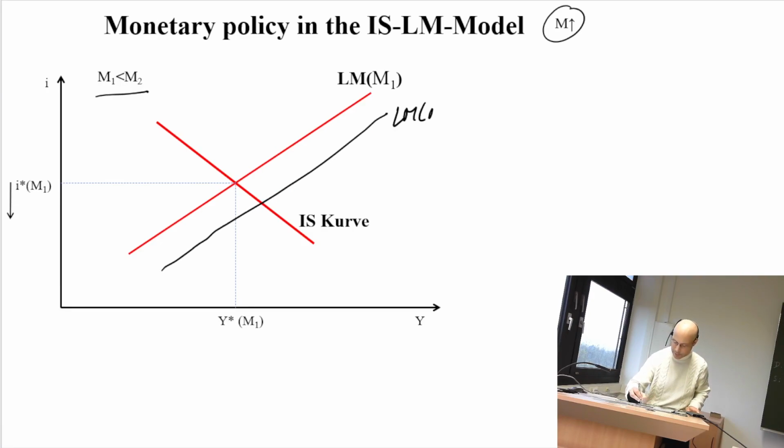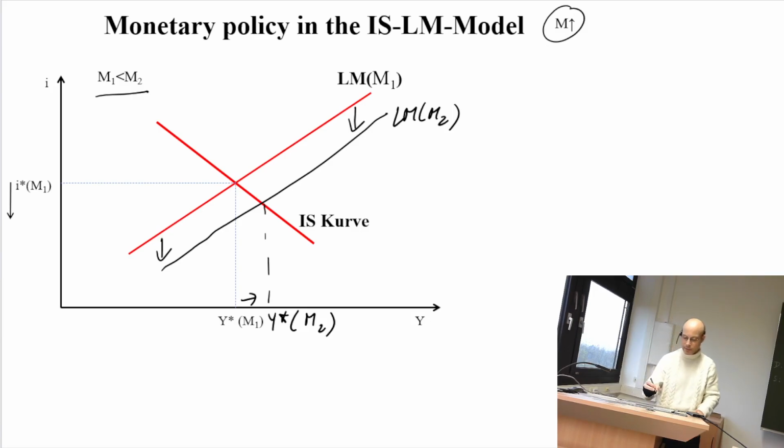So LM of M2 is our downward shift. Again, we obtain a new equilibrium income, which has increased, but simultaneously we have a decrease of equilibrium interest rates.